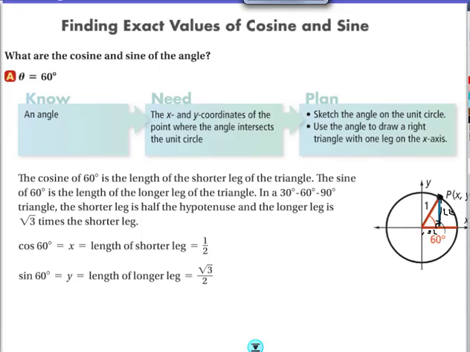Divide by 2. So the X, which is down here, X is going to equal the hypotenuse divided by 2. So X is 1/2. How do I get the long leg in a 30, 60, 90 from the short leg?